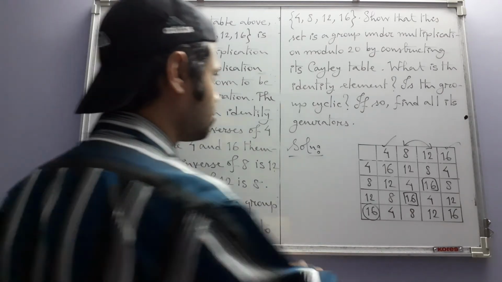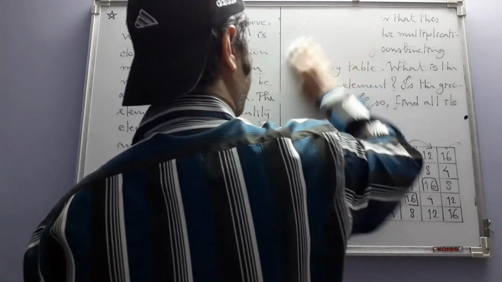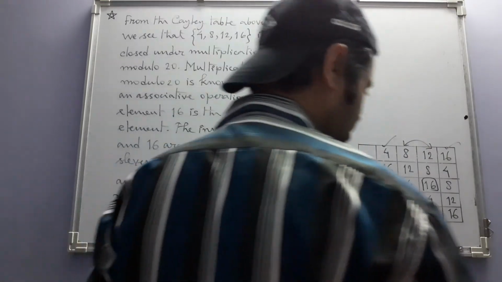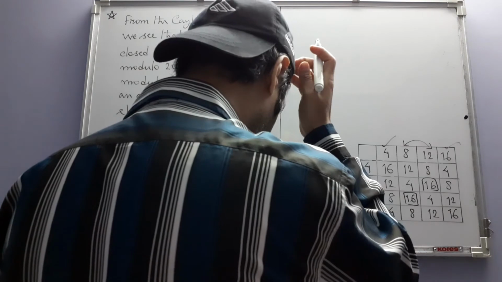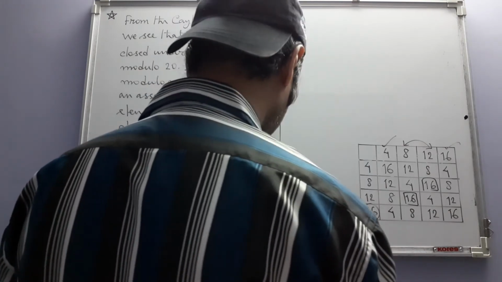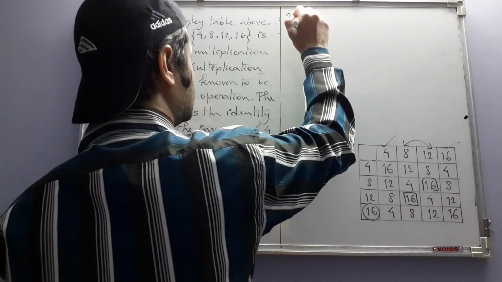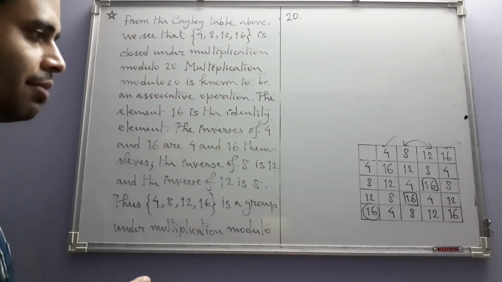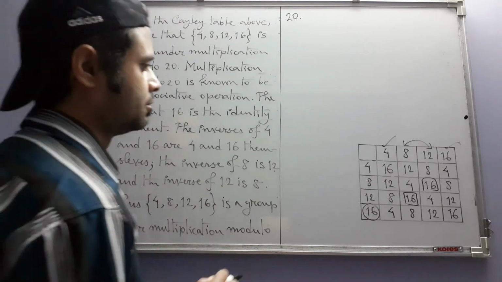Yes, modulo 20. Let's just keep the table for as long as we are writing the solution. Modulo 20. Okay, next we have to see whether the group is a cyclic group.